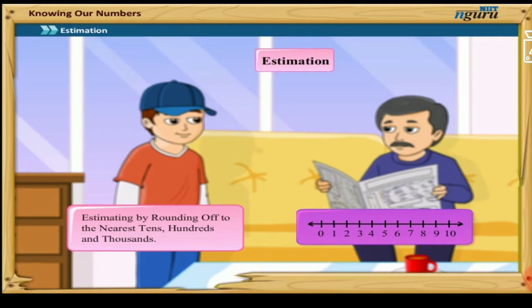In our daily lives, we come across many situations where we do not need exact values but need to know a reasonable estimate. Let's now learn about rounding off to tens using an example. Suppose the last time your mom went to the market, she bought a gift for me. It was for 66 rupees.